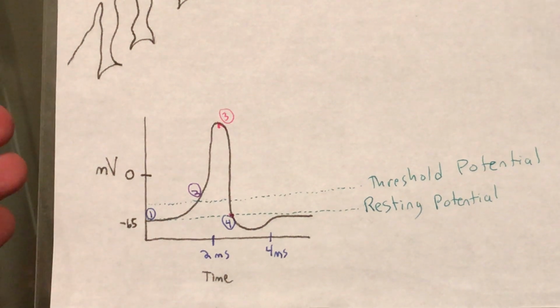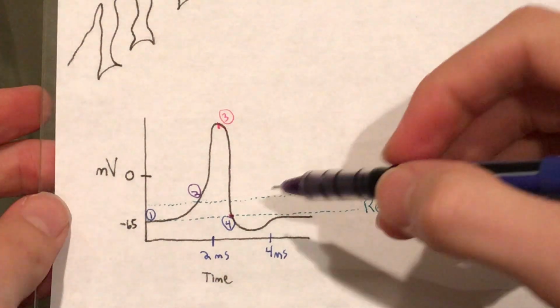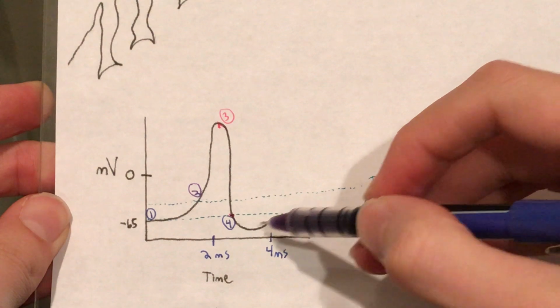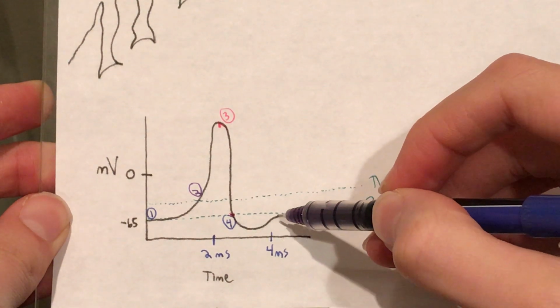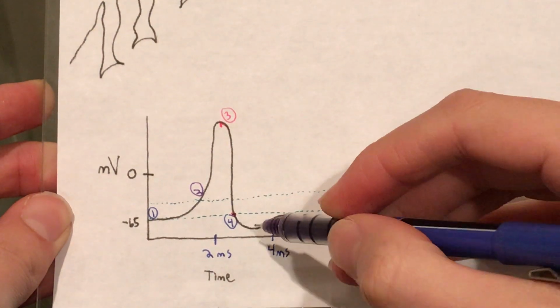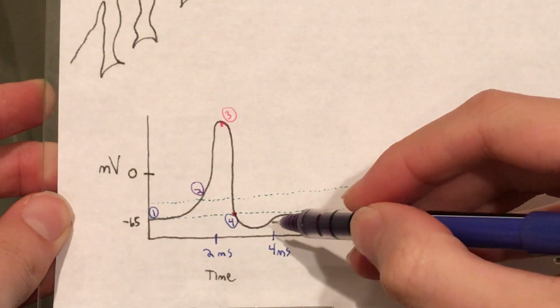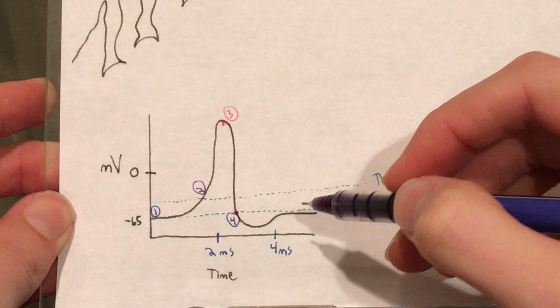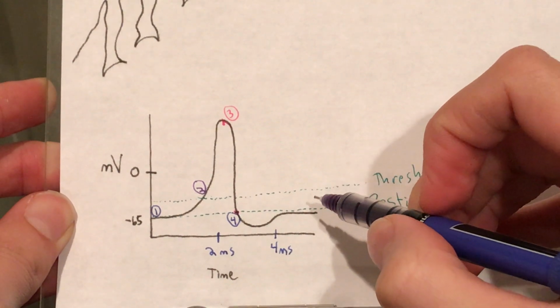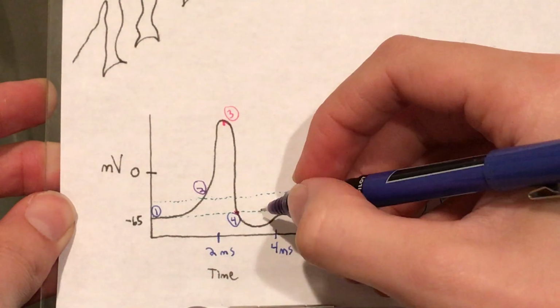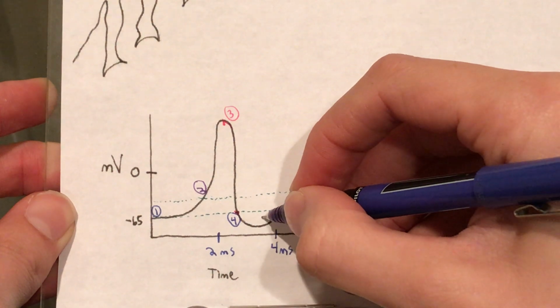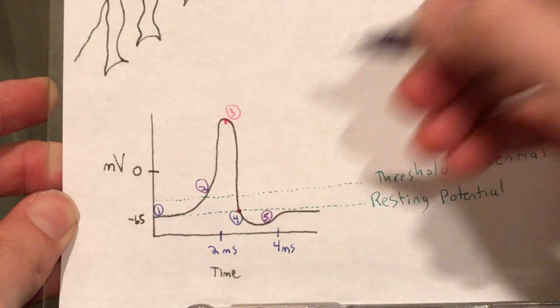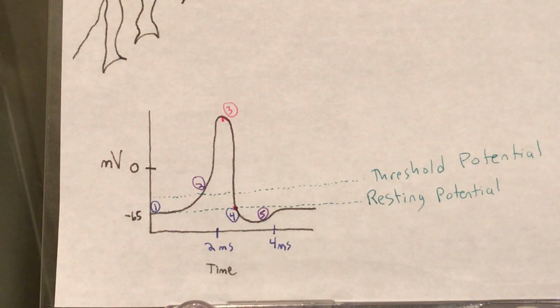And then lastly, things are going to creep up back to normal. It's going to get more and more positive until it hits -65. This is our step 5, where our sodium potassium pumps are going to work in conjunction with those potassium and sodium leaky channels. Step 5, bringing things back to normal, back to resting potential.